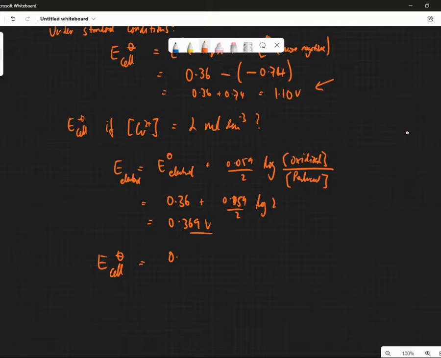It used to be this minus 0.74, but now it's that minus that. So believe it or not, this is going to go up a little bit. It's going to be 1.19, I think. Is that right? It used to be 1.1, but now it's going to be 1.19 volts.